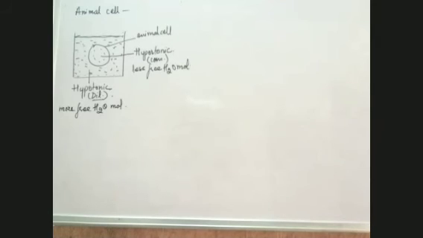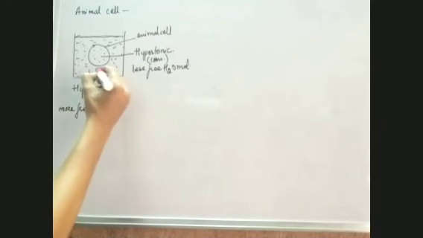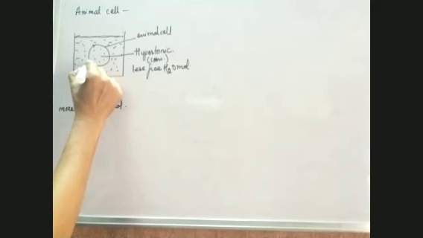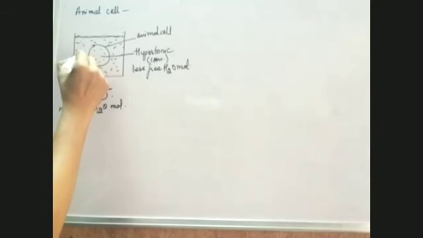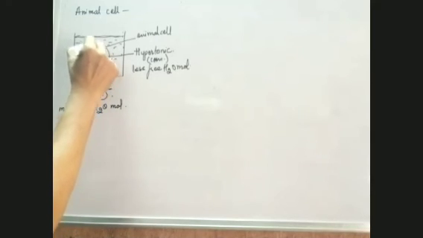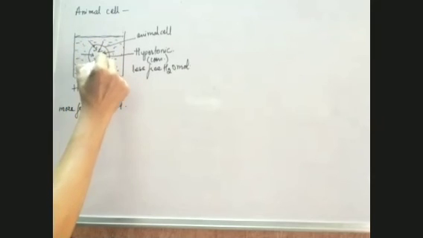So same way here, the water molecules are more, then only they will be able to transfer their water molecules to an area where the water molecules are less. This is a very general thing, just a matter of common sense. So what will happen? Water molecules from outside will start moving towards inside the cell, inside the animal cell.